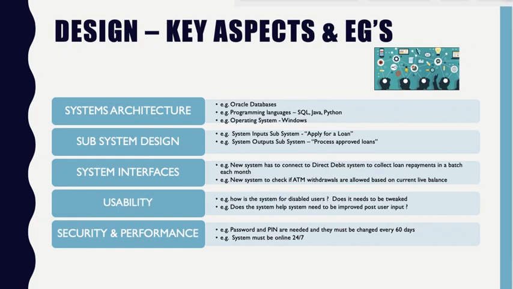The final aspect in the design phase is around security and performance. These need to be addressed, and this can involve looking at how the users will access the system, how the system will authenticate and authorize each user, and ensuring that proper auditing procedures are in place to make sure that users are accessing the system correctly, and that they're not able to access parts of the system that they shouldn't be able to get into. Aspects covered here would be, for example, that the user's password and PIN are needed every time they access the system, but must be changed every 60 days.